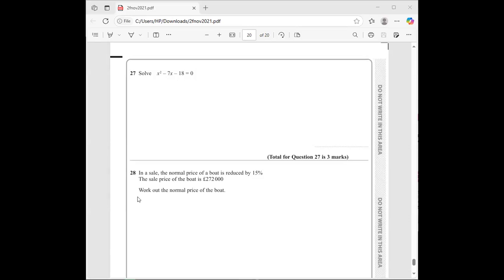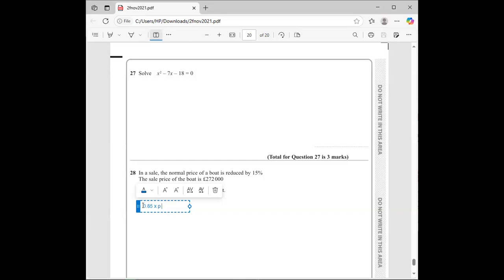Okay, so that's 85%. So if we were to work that out, how will it look? 85%, that's 0.85, times the normal price, right? Yeah. So let P be the normal price.